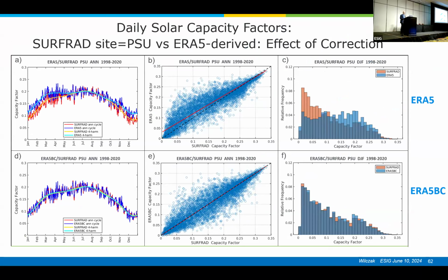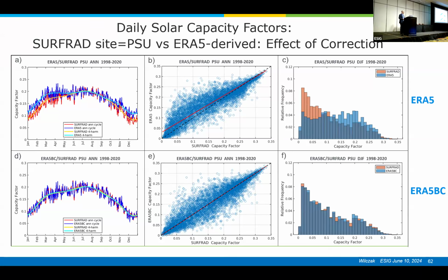Going back to the PSU site and seeing what the impact is of these corrections. The top row of figures here is the raw ERA 5 compared to the observations. The bottom row is the bias corrected ERA 5 compared to the observations. The left panel is the annual cycle. You can see after applying the quantile bias correction that the annual cycle agrees almost perfectly for every month of the year.